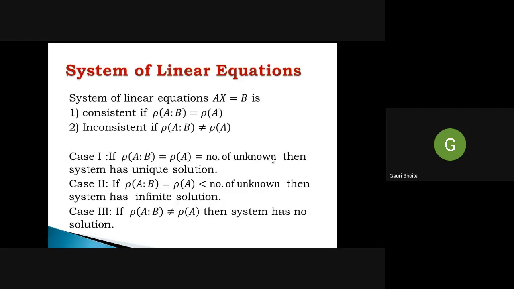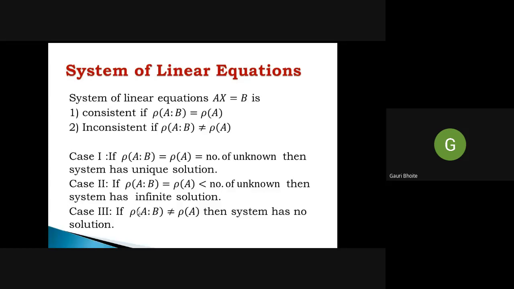And if the rank of AB is equal to the rank of A but strictly less than the number of unknowns, then the system has infinitely many solutions. Again, there is no case where the system has 3 solutions or 2 solutions. If it has a solution, it has either a unique solution or infinitely many solutions.